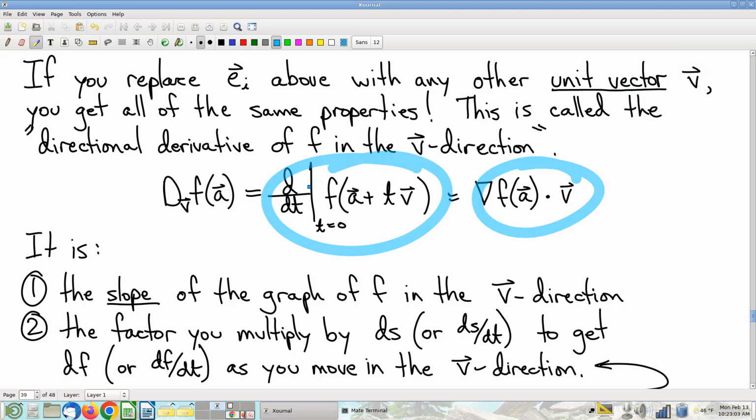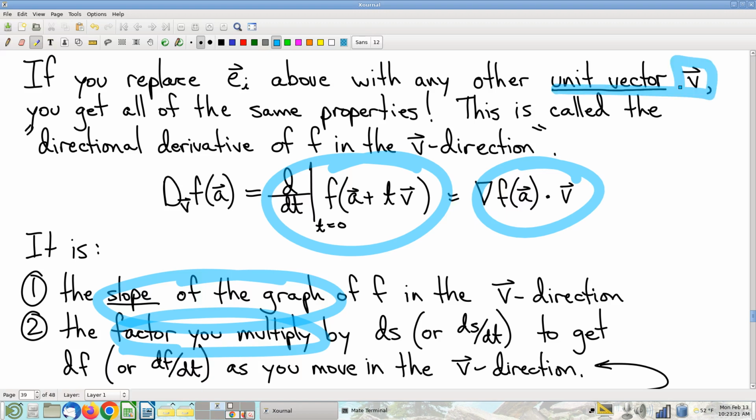Same ideas, different direction. And those things ought to be the slope of the graph of the function as you move in a certain direction. They ought to be the multiplicative factor that you multiply by. So these things ought to be equal no matter which direction you're going, no matter what unit vector you pick.